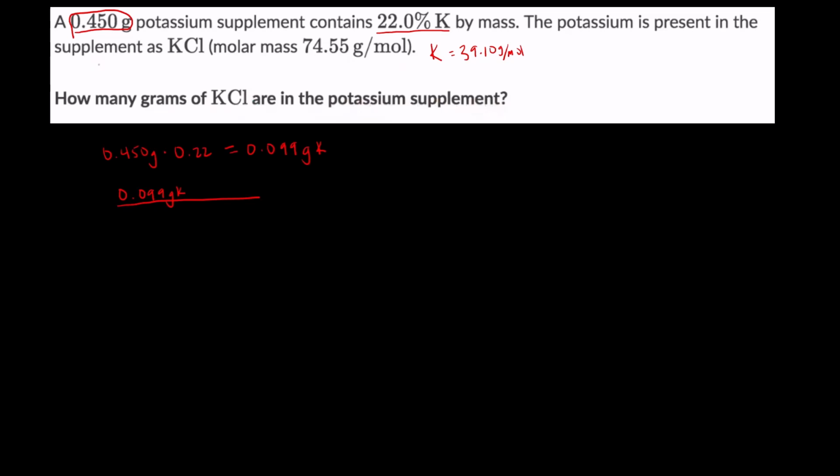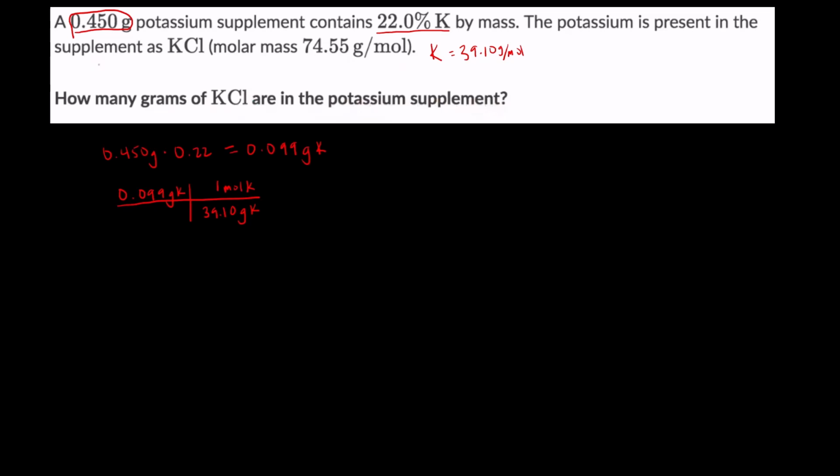And again, I wrote the molar mass up at the top as 39.10 grams of potassium for every 1 mole of potassium. And this is going to give the number of moles of potassium. Now we don't want moles of potassium, though. Remember, we want moles of the whole compound, which is potassium chloride.